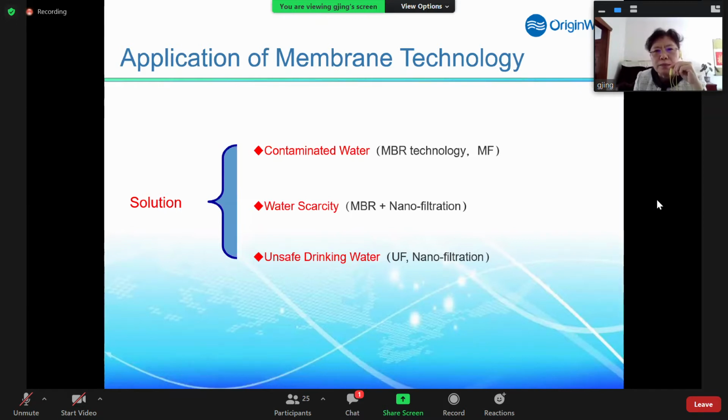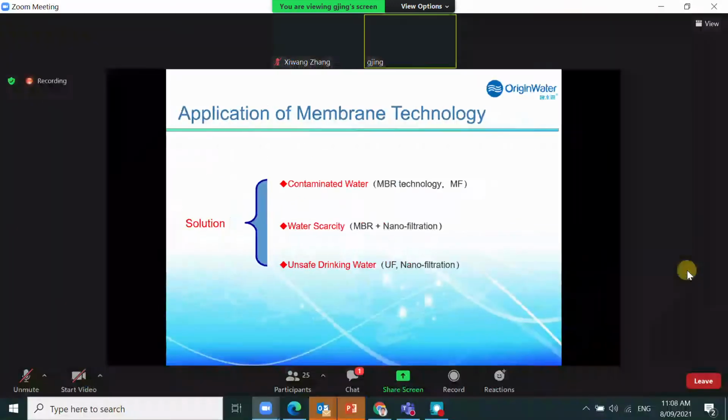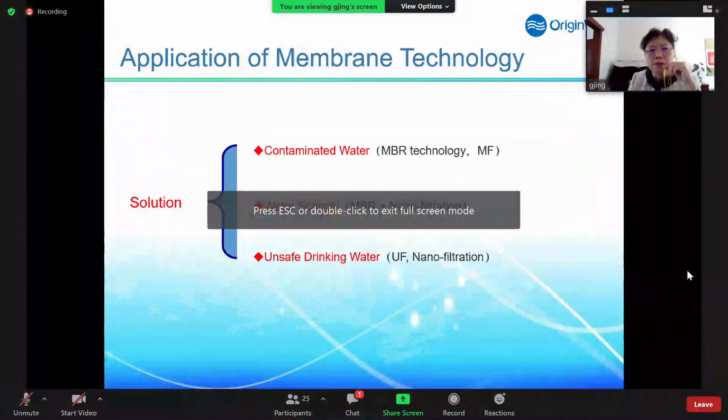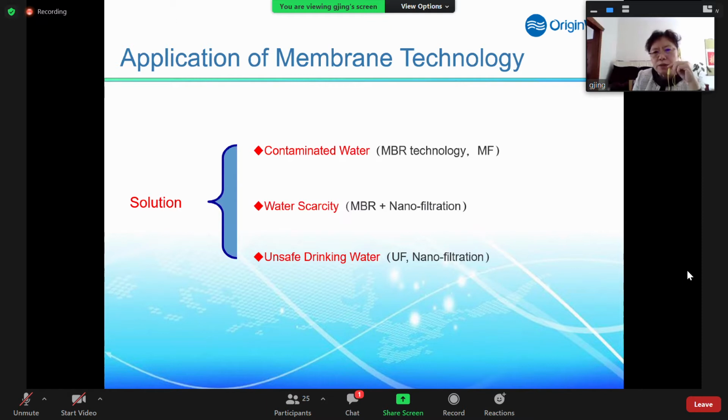Many countries use MBR technology with microfiltration or ultrafiltration to treat this water and make it possible for the effluent to be reused or recycled. And for water scarcity, we can use membrane technology plus nanofiltration to get very high quality water that meets a very high quality standard.